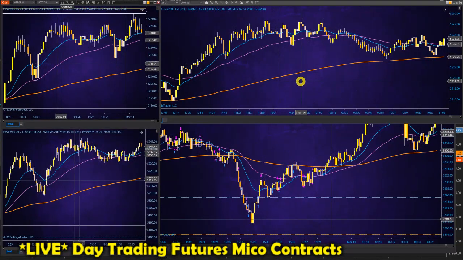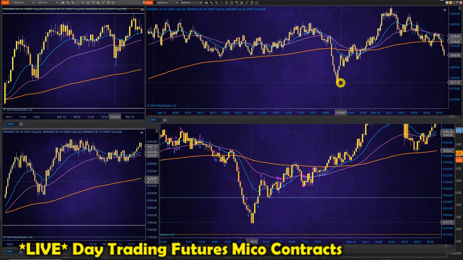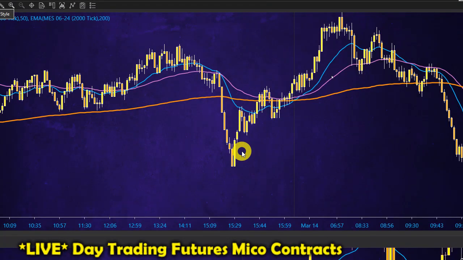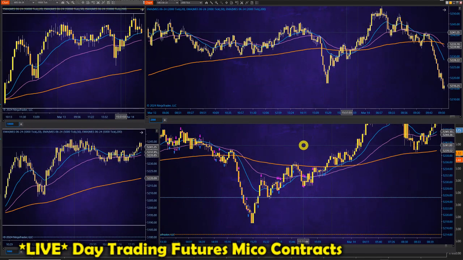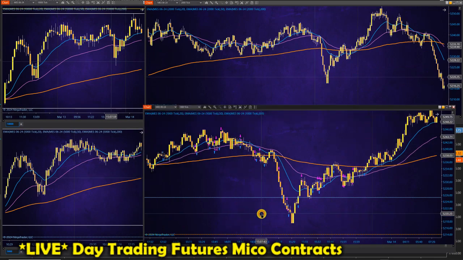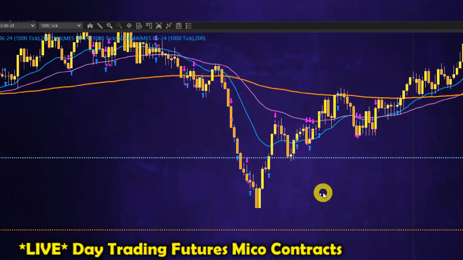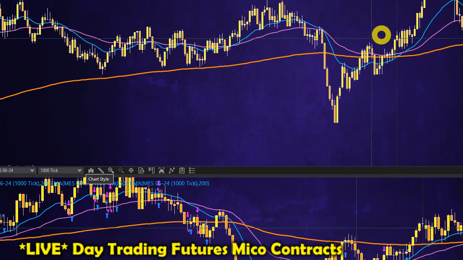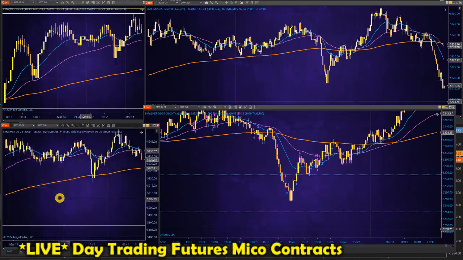So when it pulls back like that, let's see what we got here. This is the 2,000 tick chart, and you see everything drop below all the moving averages. So that's why it's the danger zone, because sometimes, here's what it looks like on a 1,000 tick chart. Sometimes it can reverse. Now, if you get all these time charts like this, okay, let's take a look at this right here.